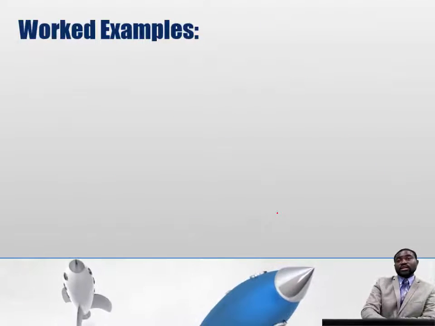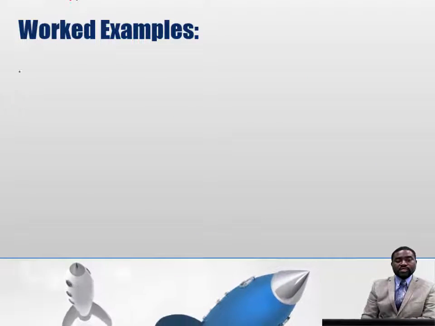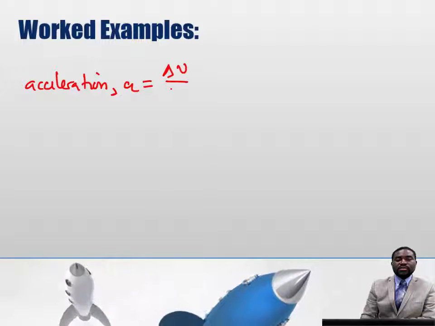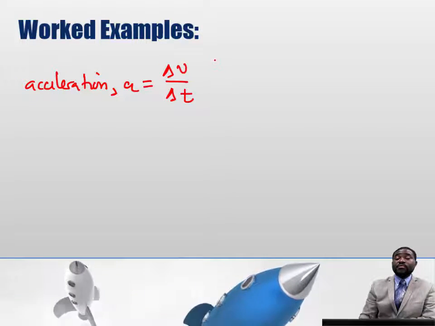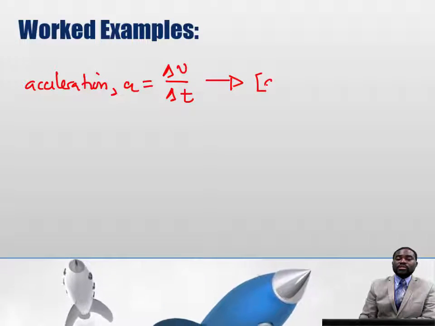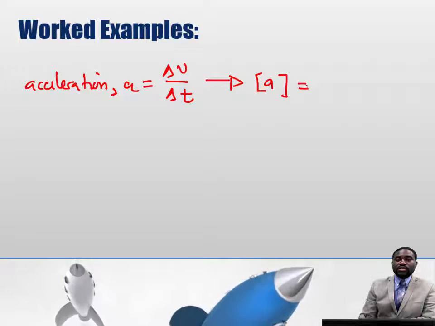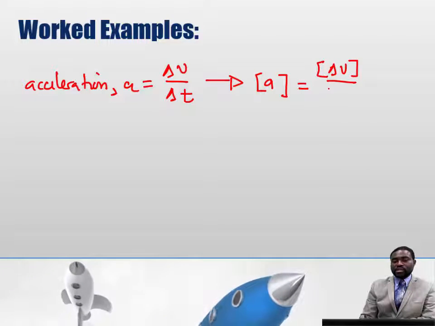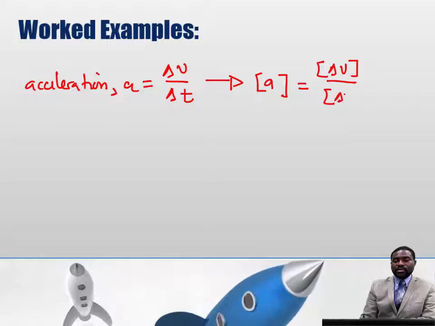Let's look at another example again. Acceleration, a, is defined as change in velocity divided by change in time. This implies that the dimensions of acceleration is equal to the dimensions of what? Change in velocity divided by change in time.